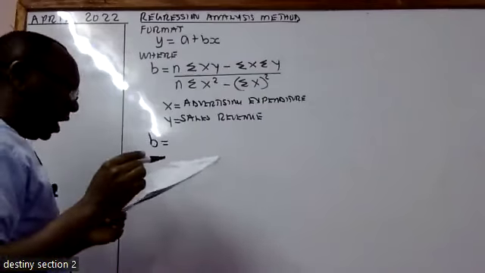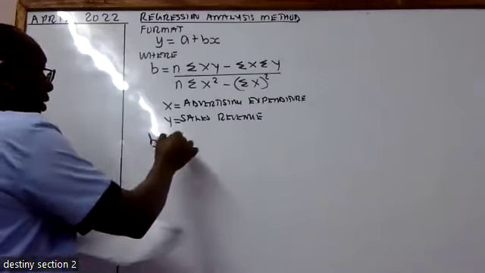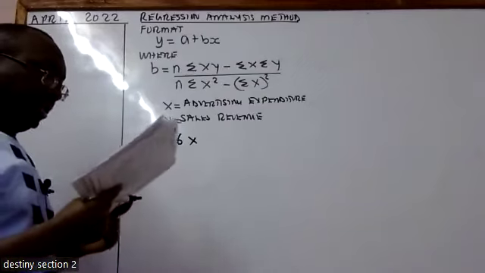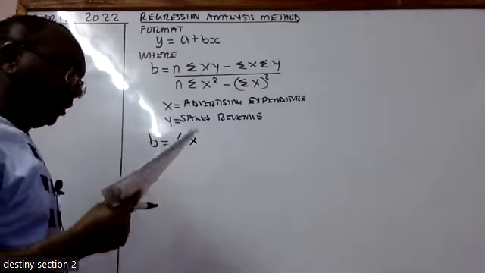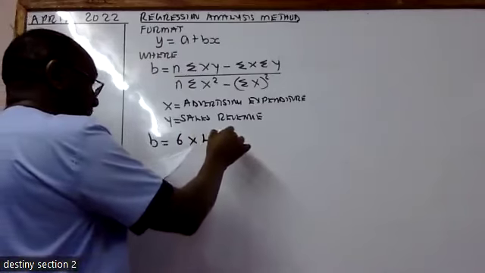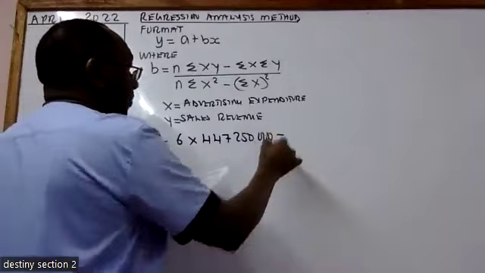N is how many they are. You can see there are 6 of them. So N is 6. Sum of XY, advertising expenditure multiplied by sales revenue, we are given it is 447,250,00.